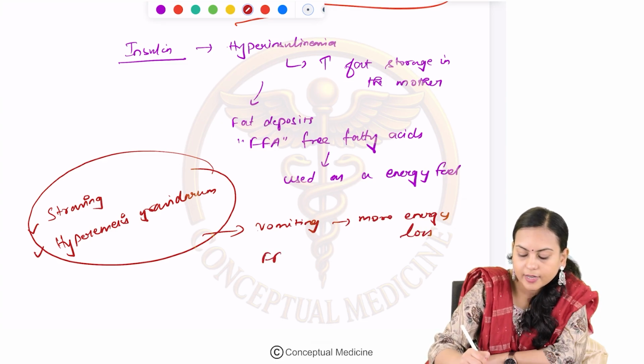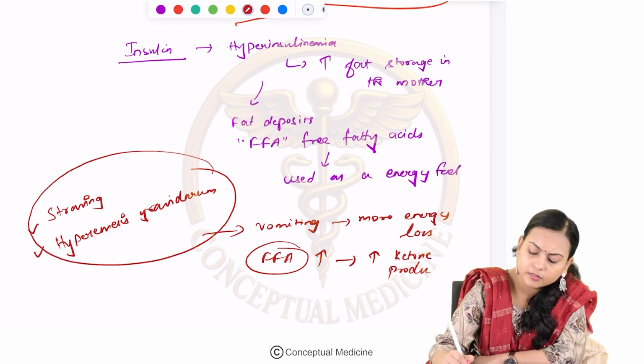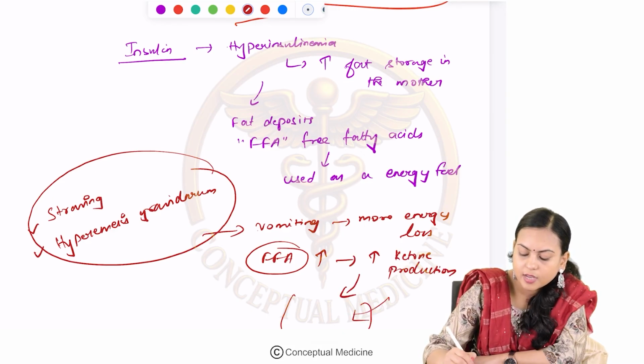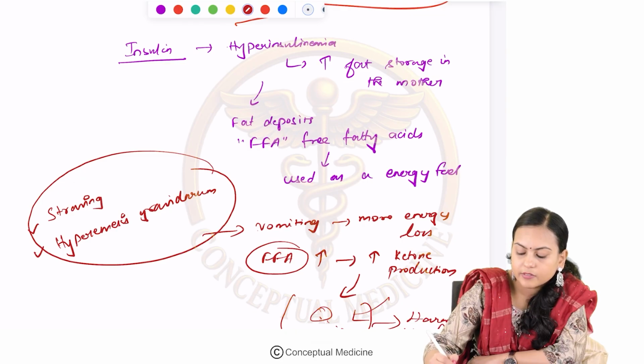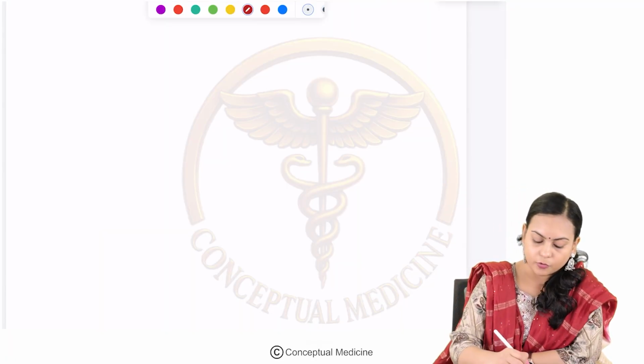So, free fatty acids are used excessively, that leads to increased ketone production, which is going to cross the uterus and affect the baby. So, it is basically going to harm the fetus. Okay.